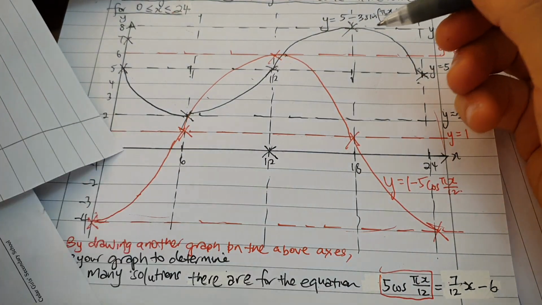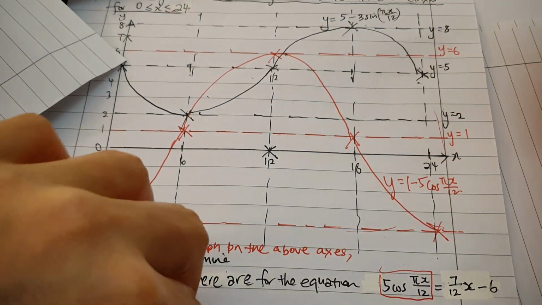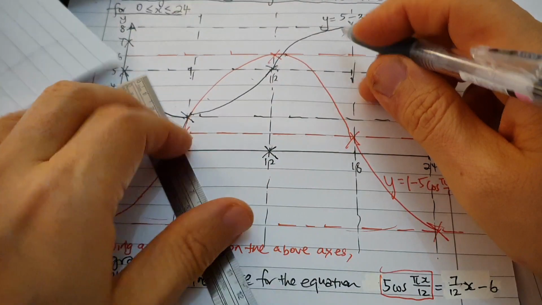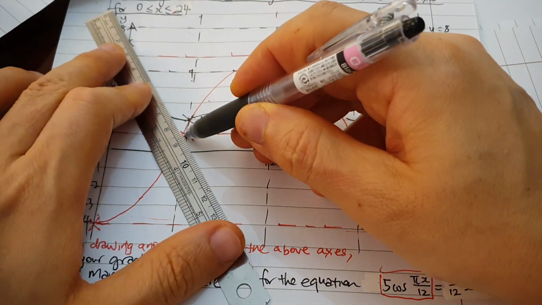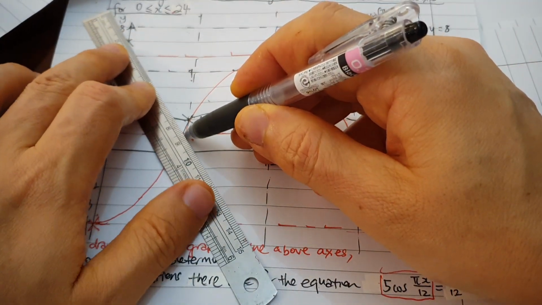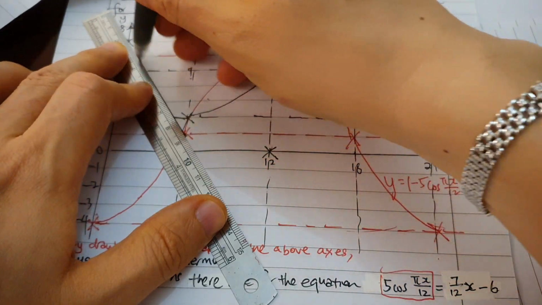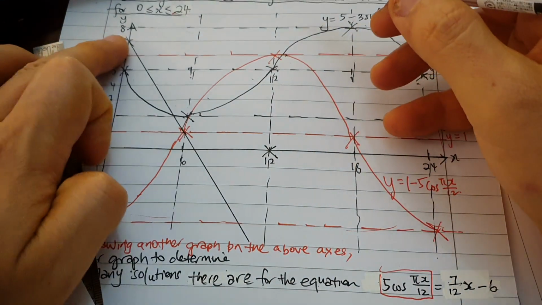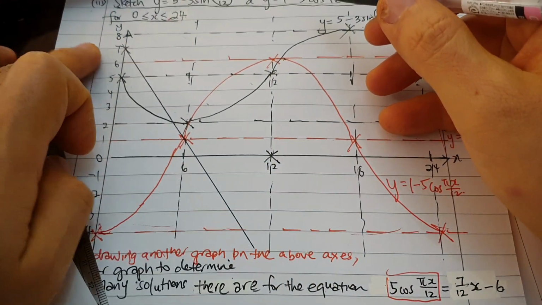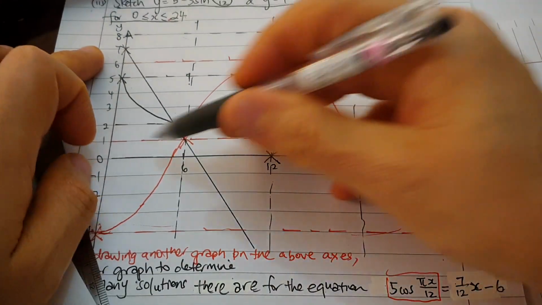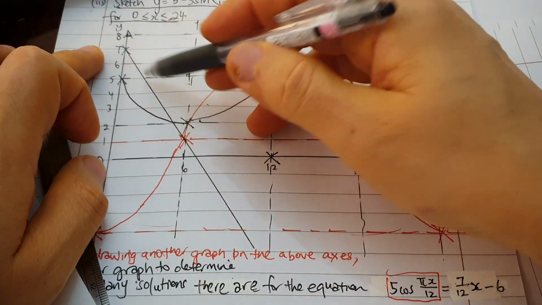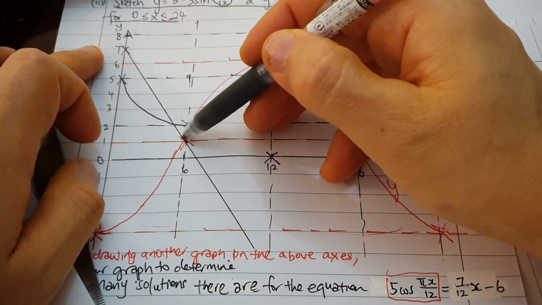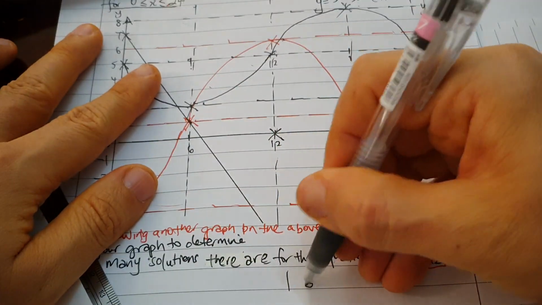Okay, now after I've done this, I am going to join them up because once I have 2 points, now your 2 points cannot be too close when you do plotting like that. The further they are, the more accurate. So I'm going to draw this. Okay, and don't draw beyond. They will surely ask you to draw within this axis 0 to 24. So you draw, oh, there's only one solution, that's it.